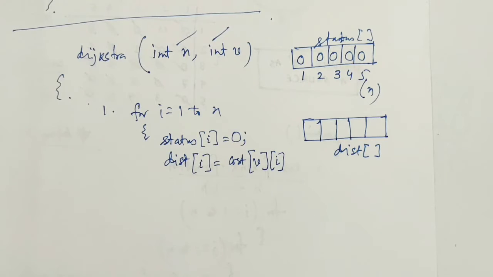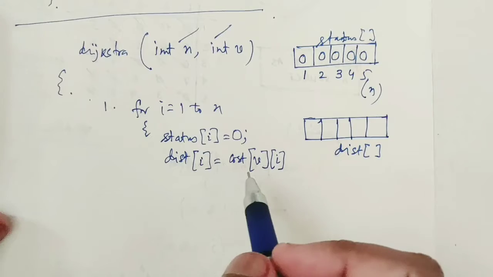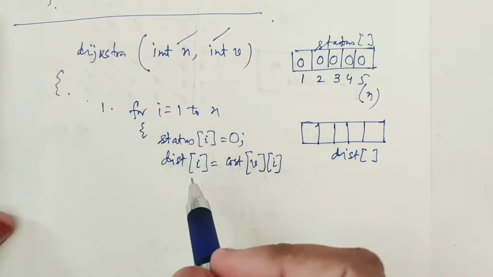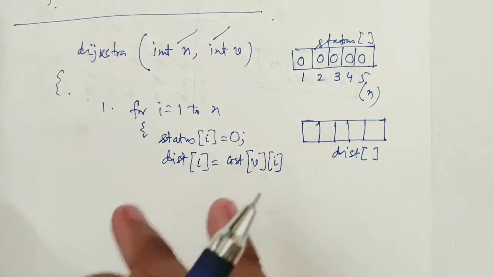As per the algorithm, the source vertex has the minimum shortest path estimate at the beginning, because apart from the source, all vertices have d value infinity after initialization, and only the source vertex has d value 0. That's why we go for the source for its exploration. So with dist of i equals cost of v, i, we fill up dist of i in such a way that we can form the queue and then proceed further.